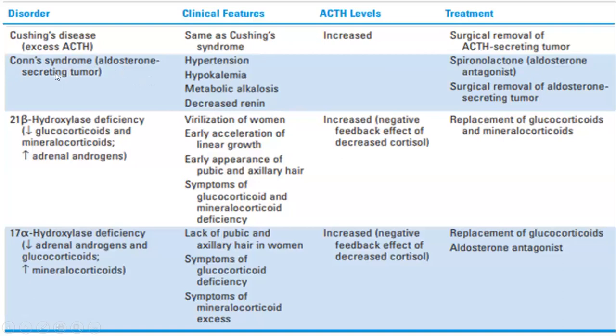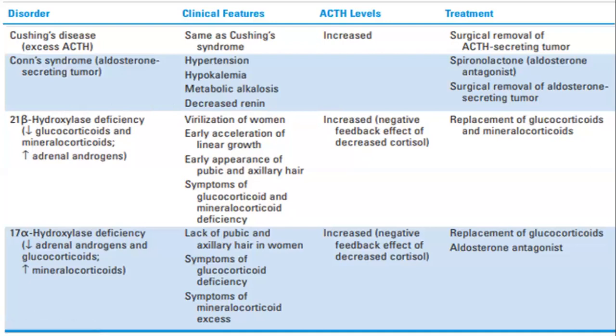Then we have your 21 beta hydroxylase deficiency, which is the most common biochemical abnormality of the steroidogenic pathway. So it belongs to a group of disorders characterized by adrenogenital syndrome and is characterized by decreased cortisol and aldosterone levels. So remember, your 21 beta hydroxylase is responsible for the conversion of molecules to produce aldosterone and cortisol.